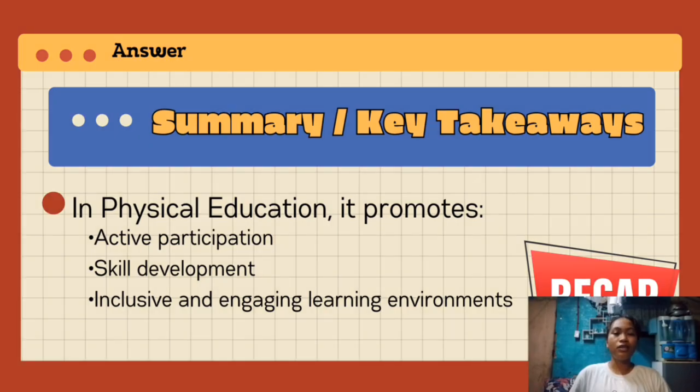In physical education, this model supports active participation of our students, development of the physical skills that learners should learn, and a more inclusive and engaging learning environment where all students can learn and succeed.